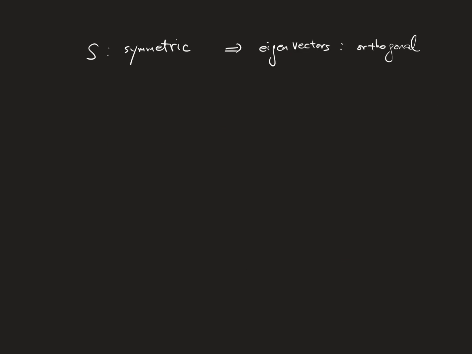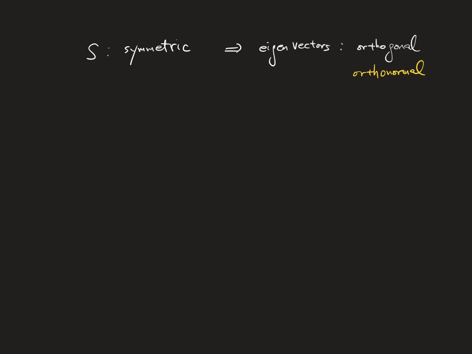If the matrix is symmetric, then its eigenvectors are orthogonal. We can make them orthonormal, because we can just normalize, and they will still be eigenvectors.